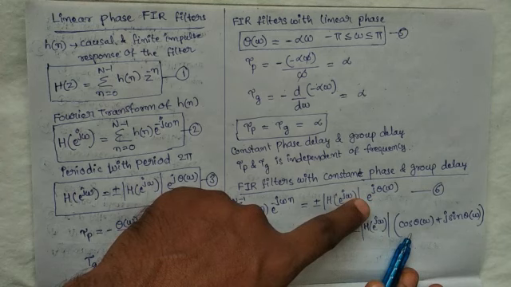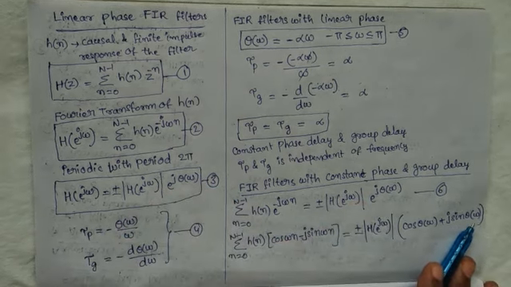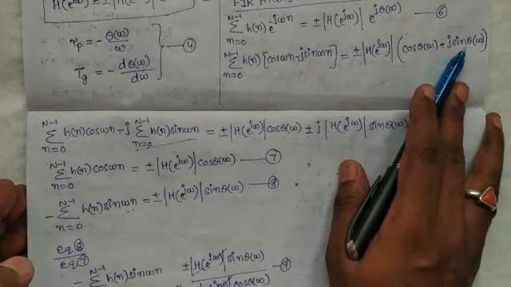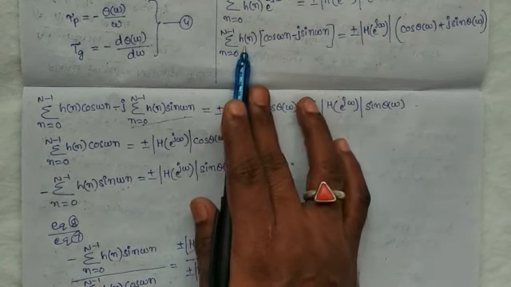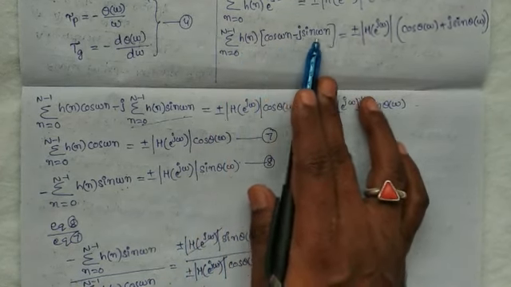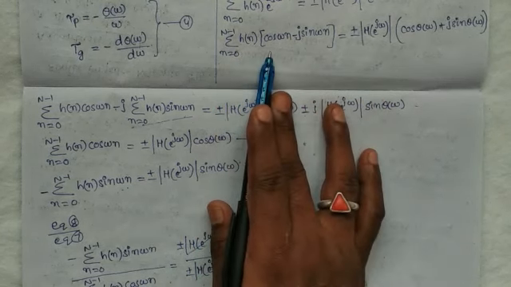How to write e power j theta of omega? cos theta of omega plus j sin theta of omega. Now we are multiplying this h of n with cos omega n and minus j sin omega n and separating the summation.